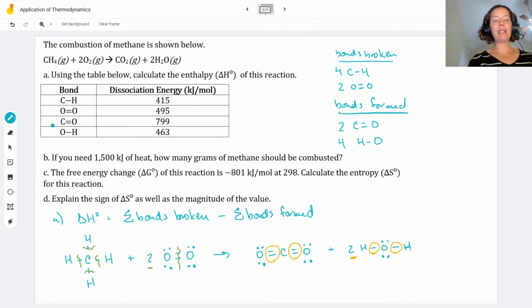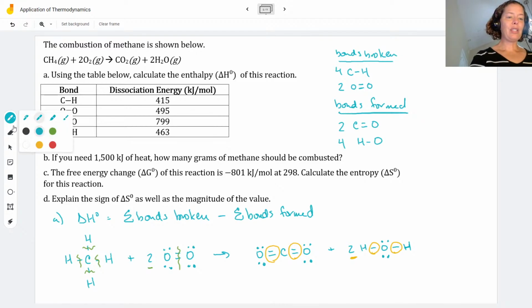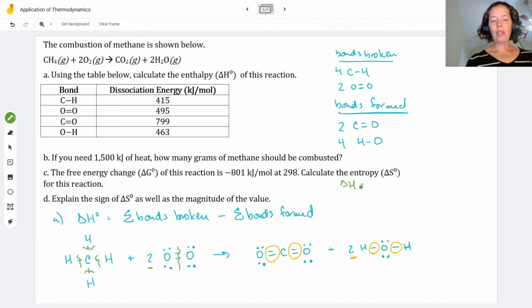Okay, so you can see that my table is going to give me all of this data that I need. I just need to now plug it into my bonds broken minus bonds formed, and I can actually get this calculation done. I am going to try to put this on this page. Since we have all our data on this page, I'm going to put it in green so it stands out a little bit. Okay. So our delta H is the sum of our bonds broken. Again, I've listed our bonds broken here.